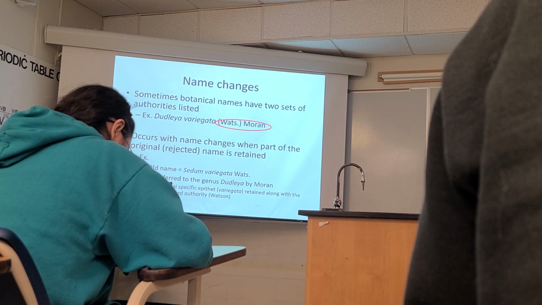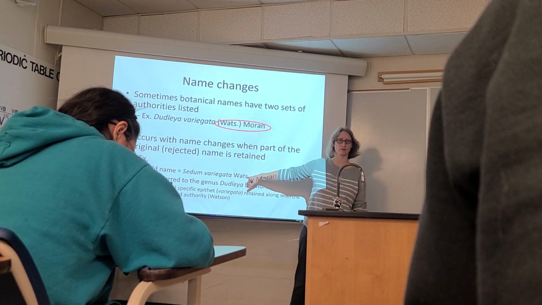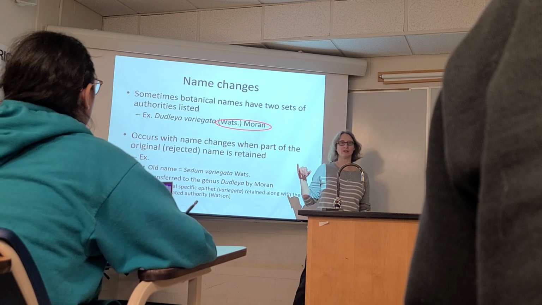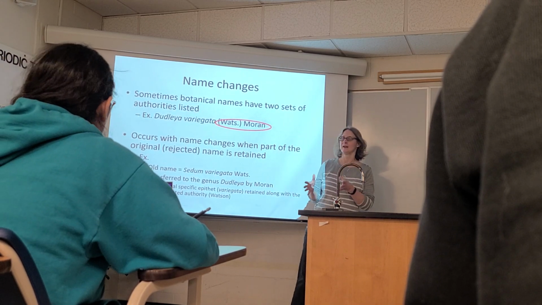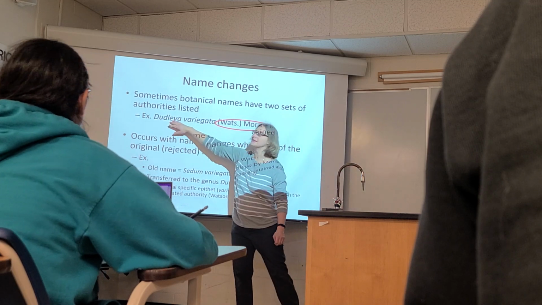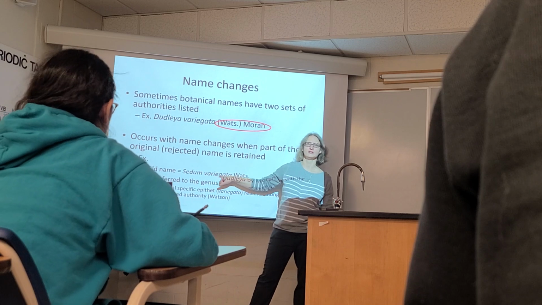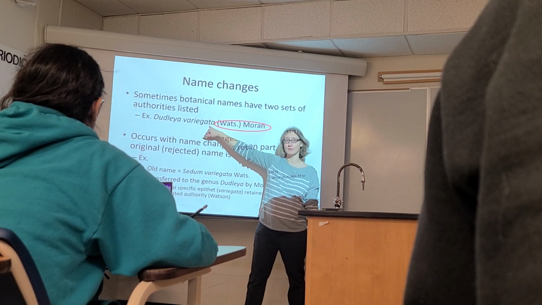Right? So as an example here, this species used to be called Sedum variegata. Watson is the one who named it that. Right? But as Moran studied this plant, he realized that it's not supposed to be in Sedum. It's actually its own genus. And he moved it into another one called Dudleya. But he kept the specific epithet here, variegata. But he, Moran, cannot claim credit for variegata because he didn't come up with that.